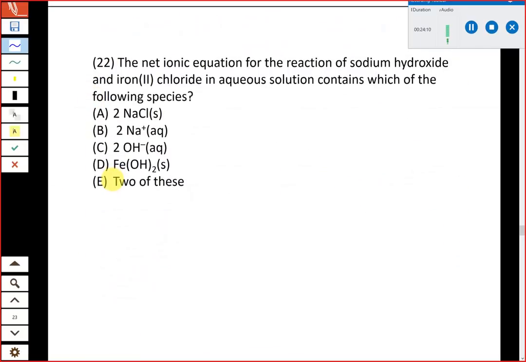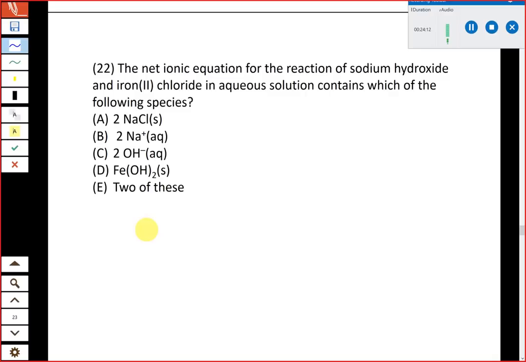We're now into, if you're keeping track of where we are, already back into chapter 6, dealing with solutions, reactions, and other things about aqueous solutions. So we want to know if we have the net ionic equation for sodium hydroxide and iron 2 chloride, it contains which of the following species?